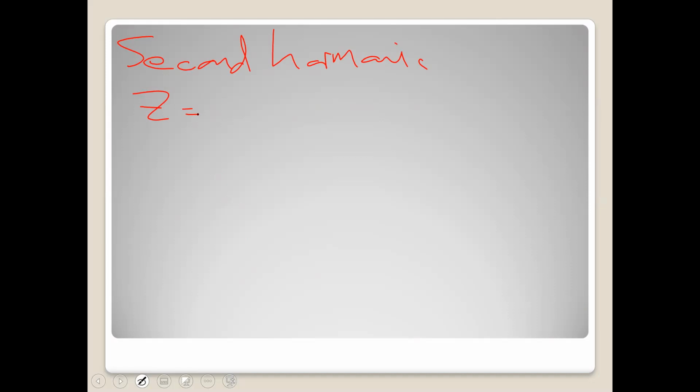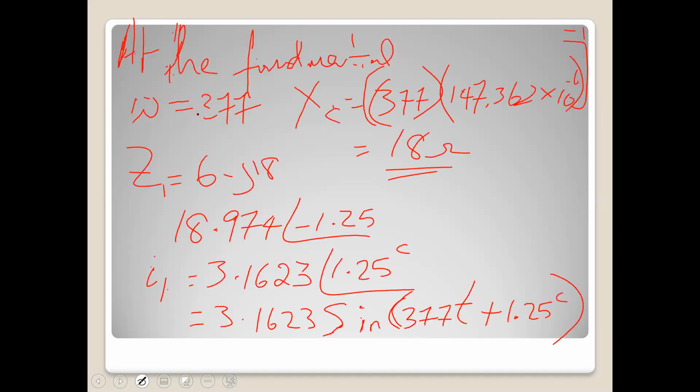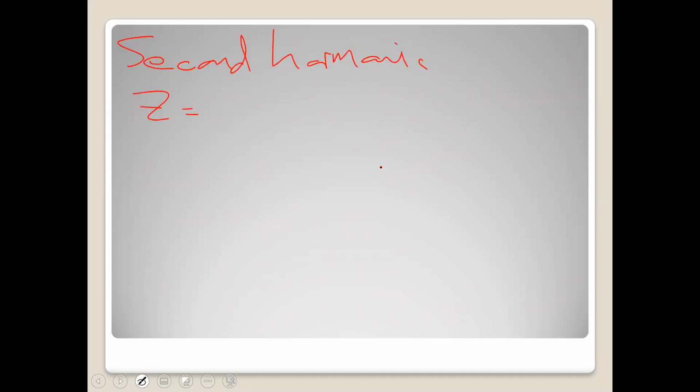Because I did this calculation already, I know it is 18 at the fundamental, so at the second harmonic it would be half of that. So we know it is 6 minus j9. I don't have to do the calculations again. I convert this to polar.